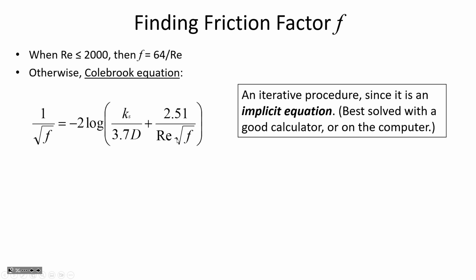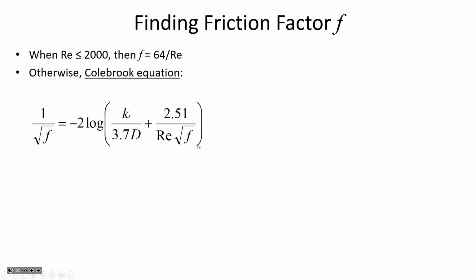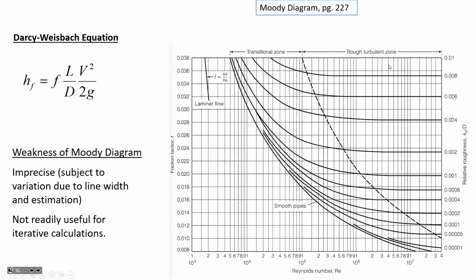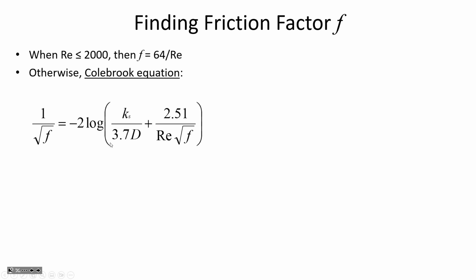Now, the two things I want to point out inside of the parentheses. Think back to the Moody diagram, that there's a region where the Reynolds number doesn't matter, and what really matters is the relative roughness. And then there's a region where both the Reynolds number and the relative roughness matter. So there's two terms inside of here, a relative roughness term, K sub S to D, and a term where the Reynolds number applies.